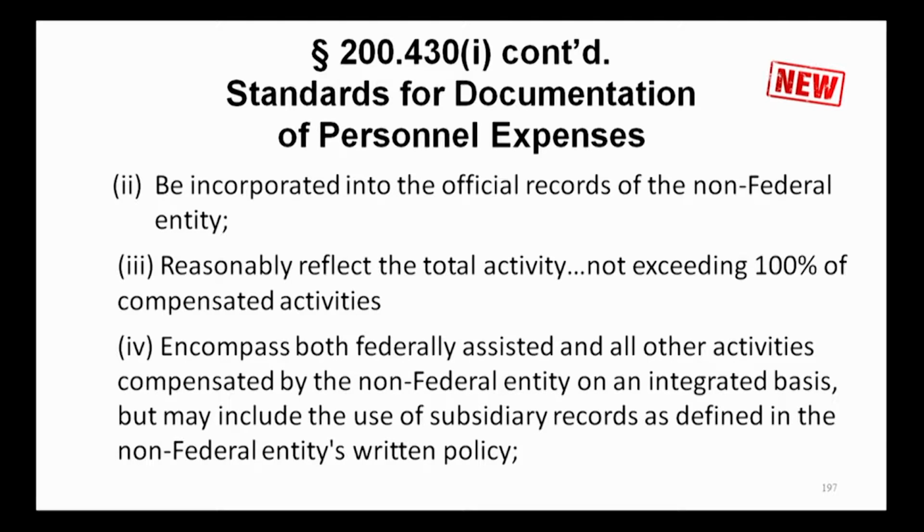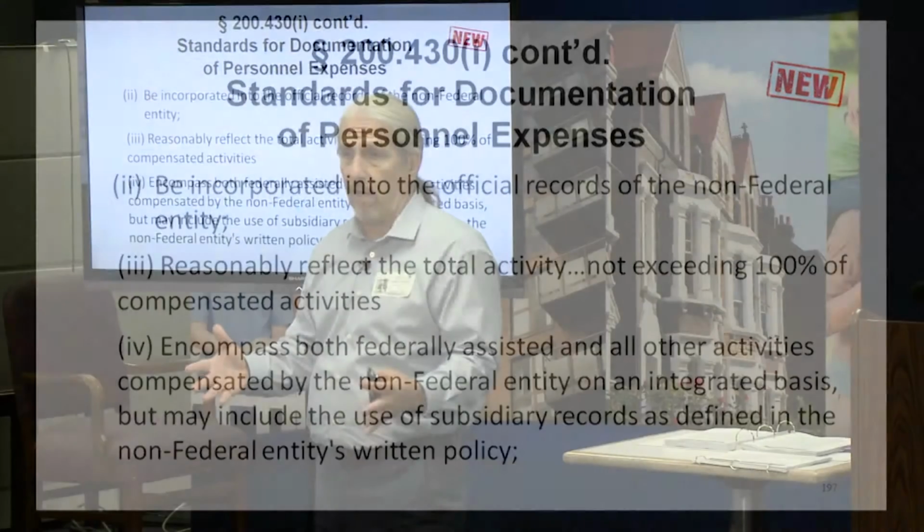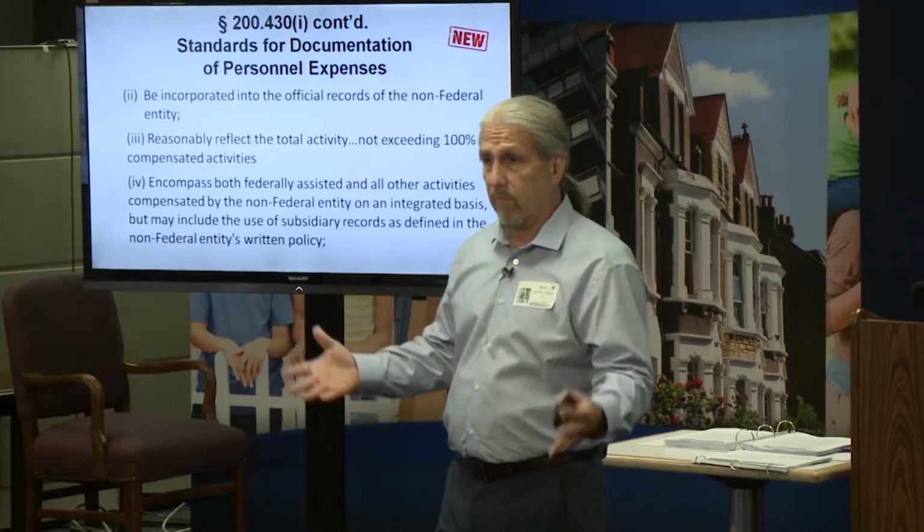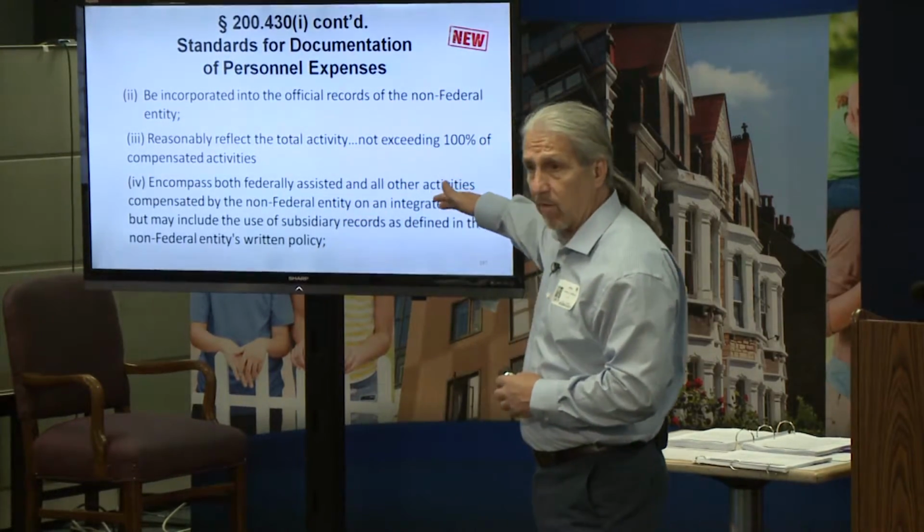So what this means is if you meet these standards, if you have a payroll accounting system, even if you are doing personal activity reports, that's okay, you can continue to do that. If it works, that's fine, as long as you meet these standards.